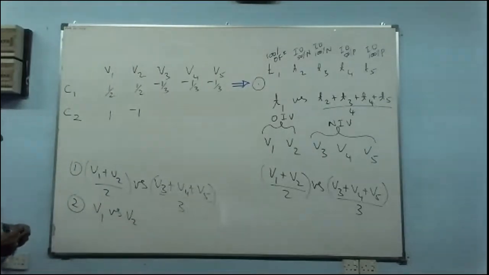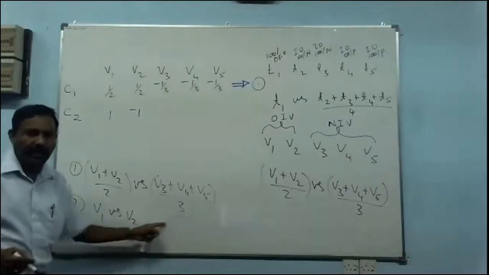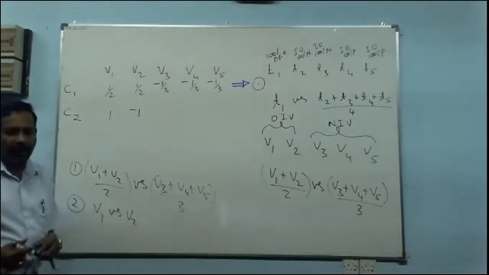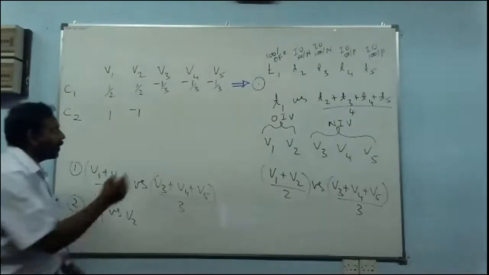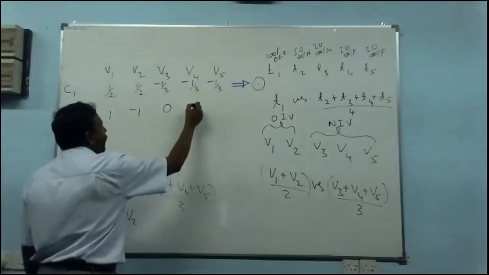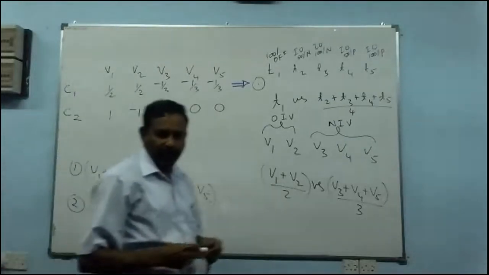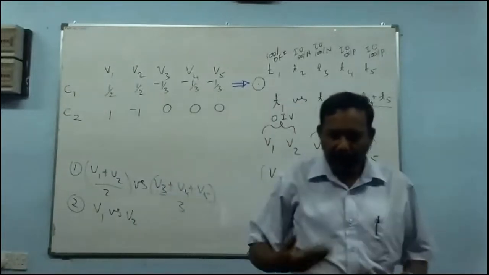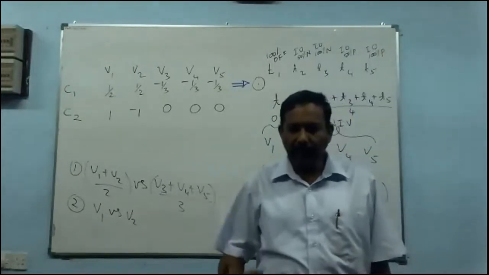What about V3, V4, V5? Are they coming into the picture in the second contrast? No, they are not, so their coefficient values are 0. That is called the second contrast.